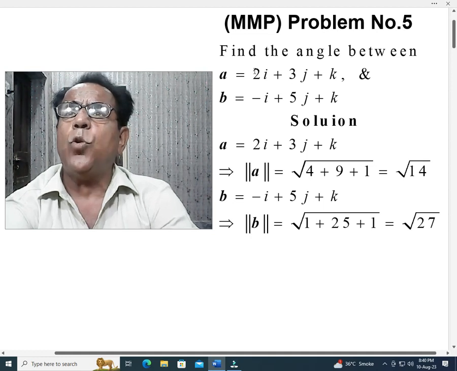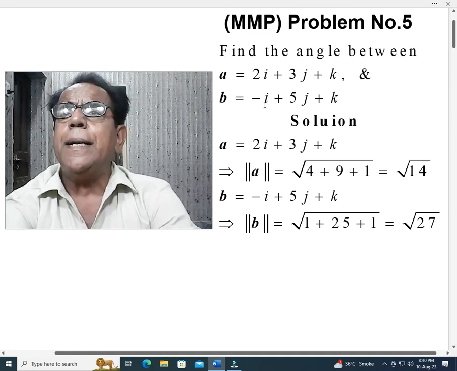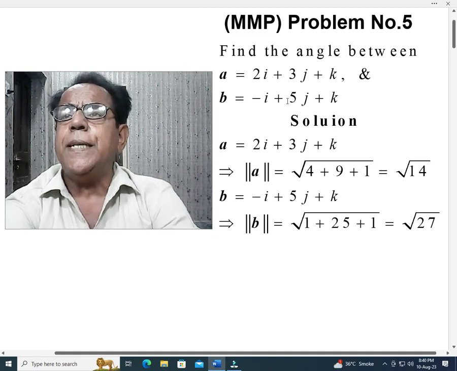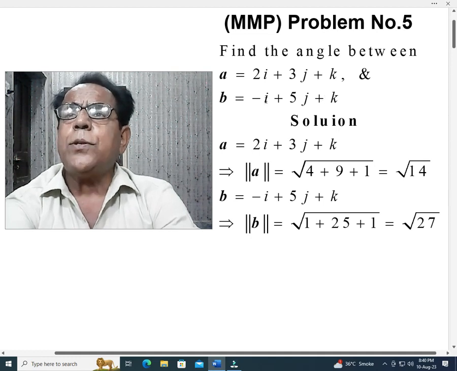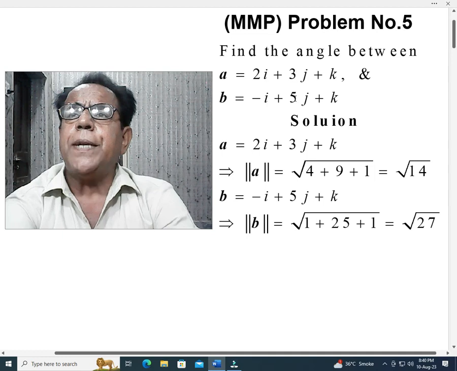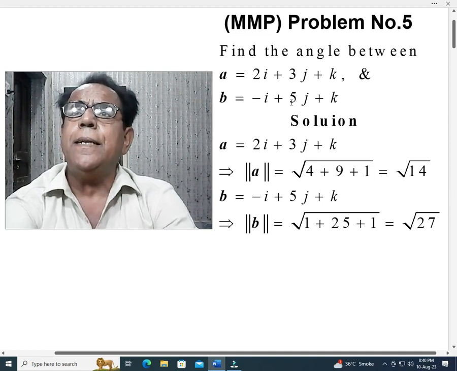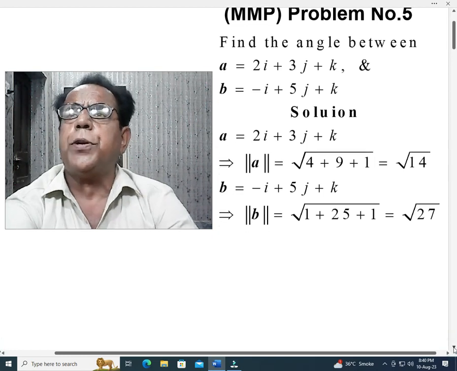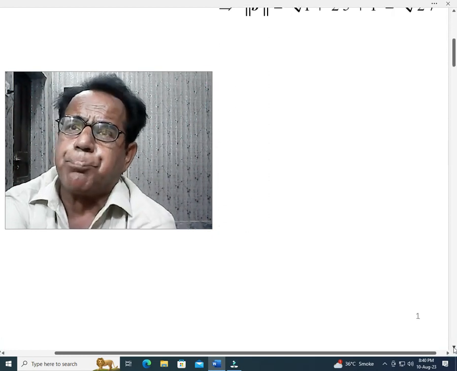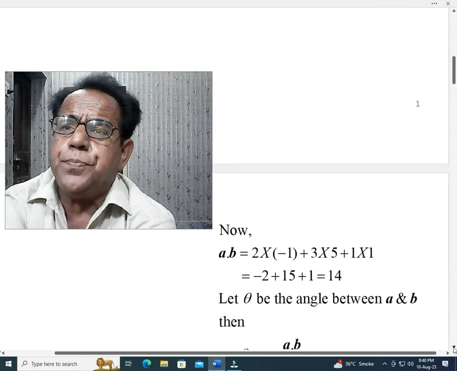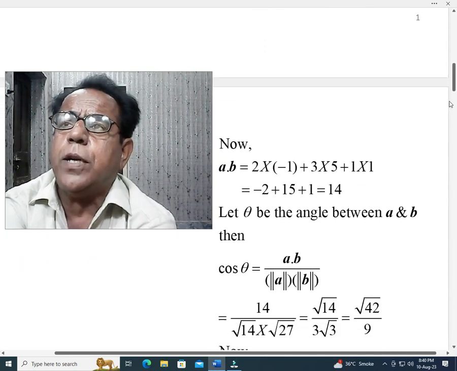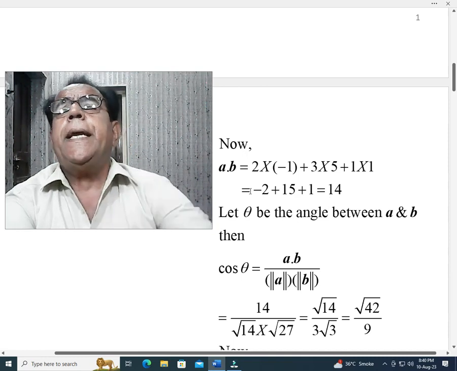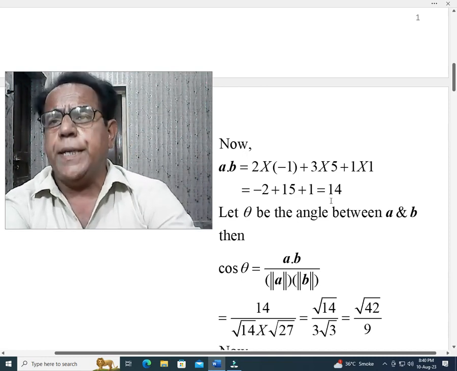So 2 into minus 1, that is minus 2, plus 3 into 5, that is 15, plus 1 into 1 equal to 1. Minus 2 plus 15, that is plus 13, plus 1, that is plus 14. So A dot B becomes equal to 14.